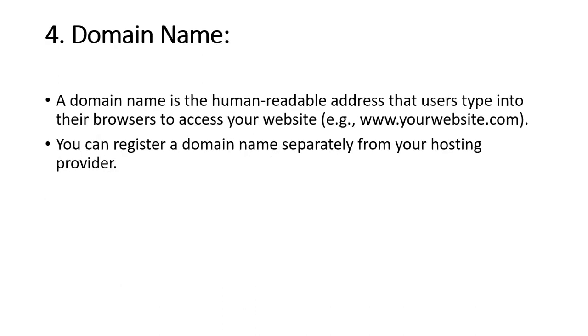The next one is a domain name. A domain name is a human-readable address that users type into the browser to access your website. For example, www.google.com. Google is our website name, and giving the name of that website is the user's individual concern.